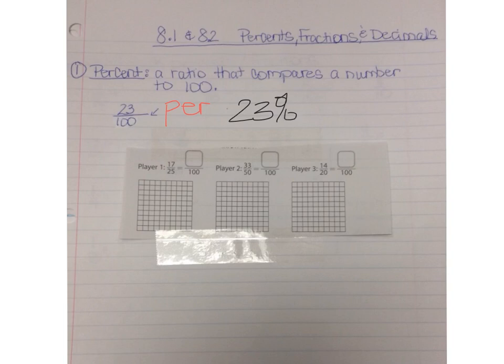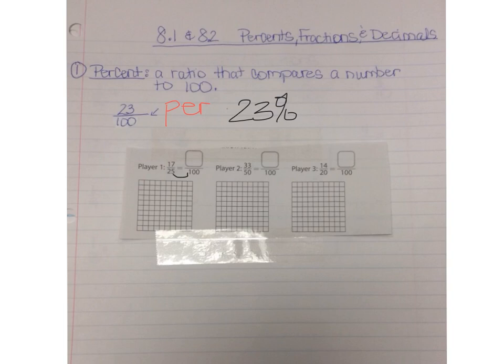Okay, so we want to look at a grid to model just a little bit for you. The first grid we're going to model is 17 out of 20. This is a 100 square grid, so we want to turn this into a regular percent. So we're going to change this fraction. What times 25 will give us 100?